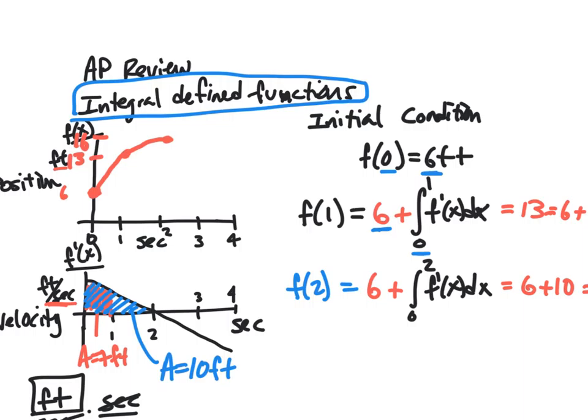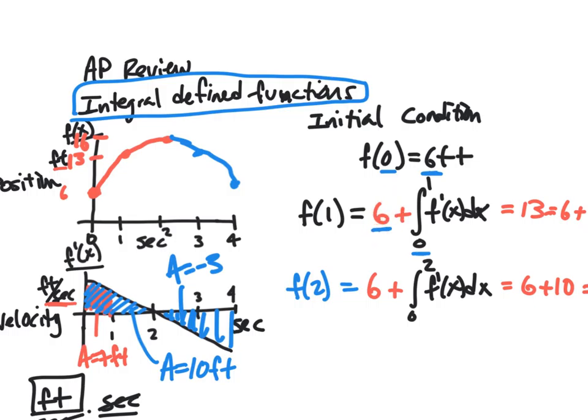If you were to integrate between 0 and 3, this area here would be an area of -3, and so it would bring you back down to 13. And then this area here is the exact same area as that, so it would just bring you back down to 6, okay? So you end up getting this parabola here, but I'm doing that by accumulating the area under the curve, and we have to account for that initial condition.